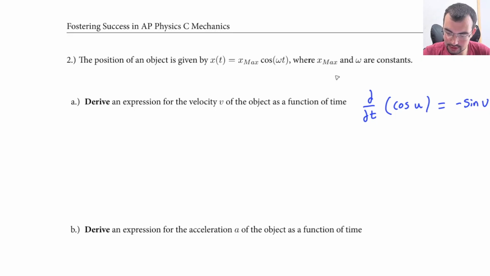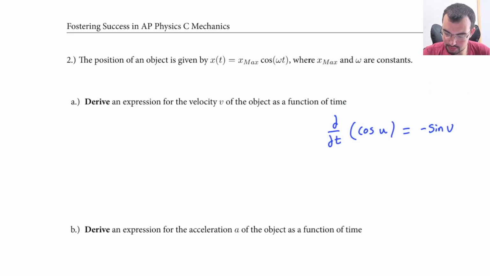Should move this over because I need some more space. Negative sine. And then the chain rule says whenever you have functions inside of functions, you always have to multiply by the derivative of whatever was inside. That'll make more sense from context.